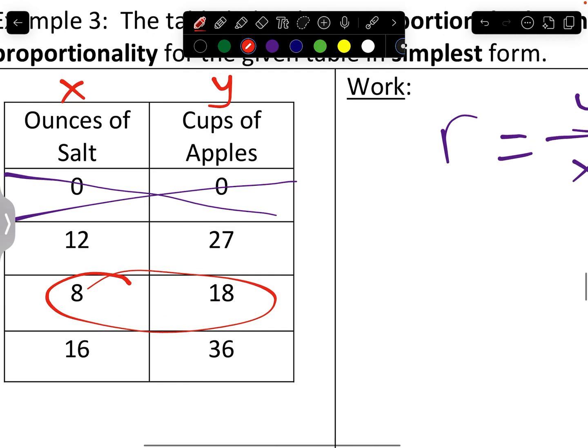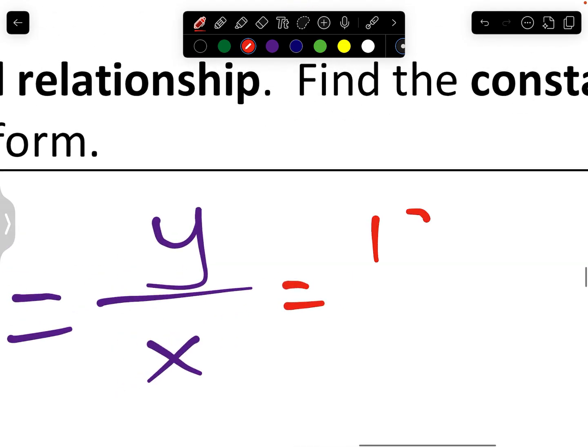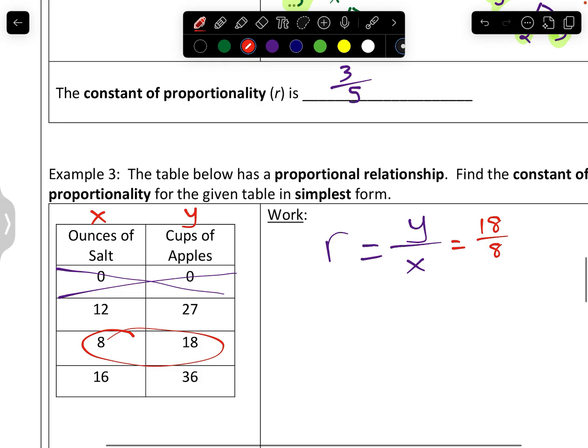All right, well, hey, 18 is the second number, so 18 and then over, 8.